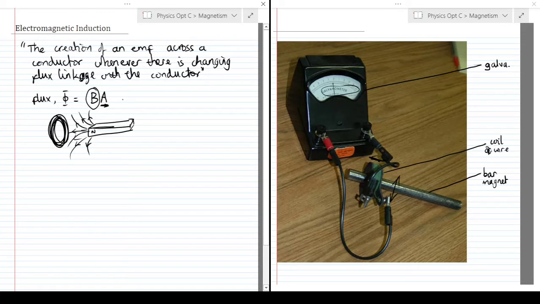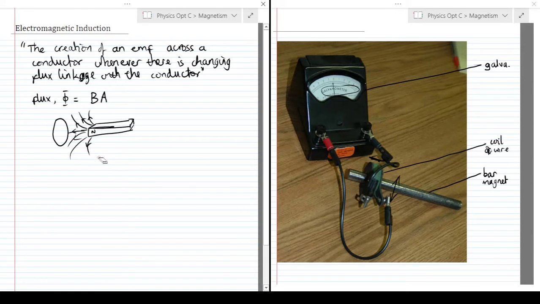Of course, if you draw the north pole away from the coil, you would be going from a higher flux density in the region of the coil to a lower flux density. That is what happens when you move the north pole away.